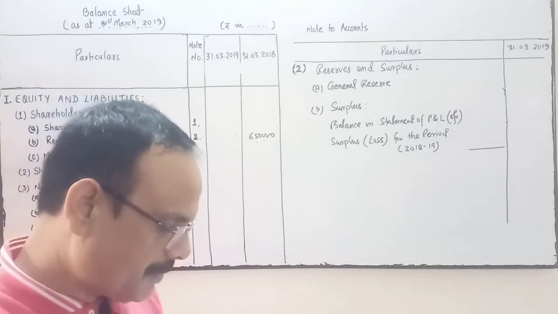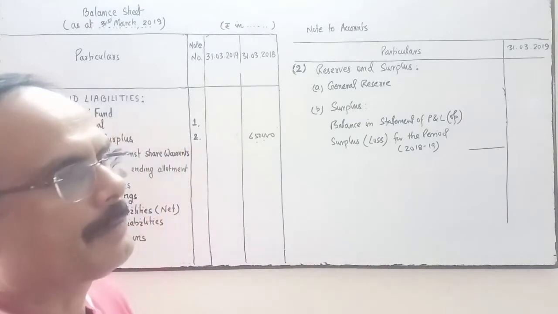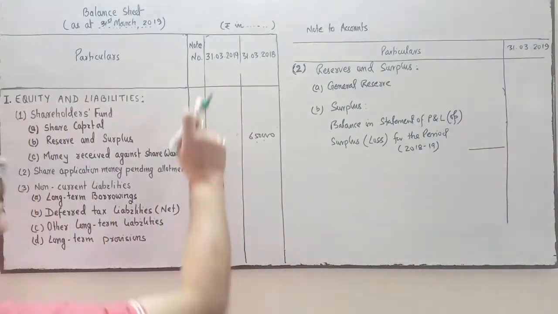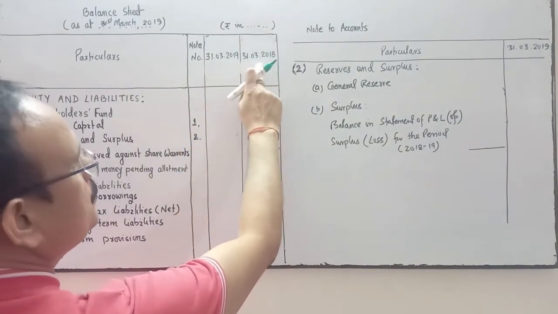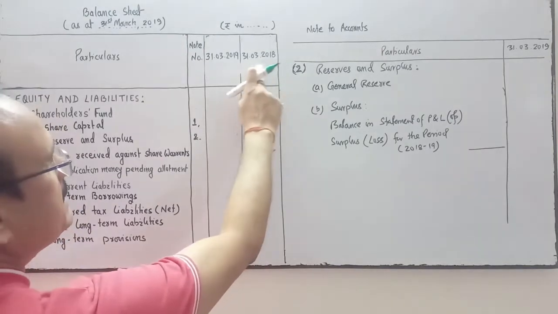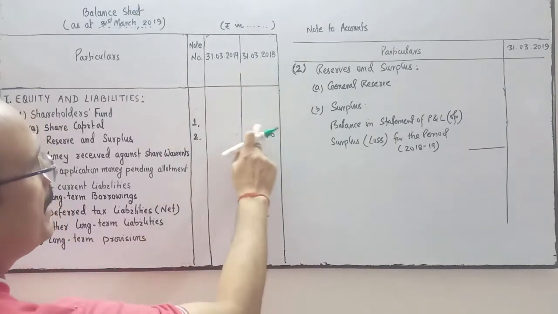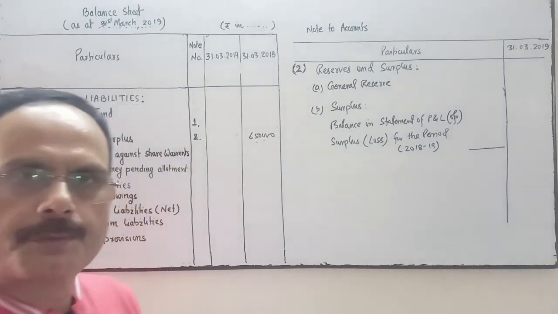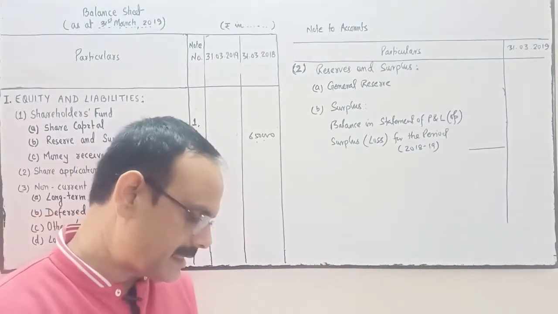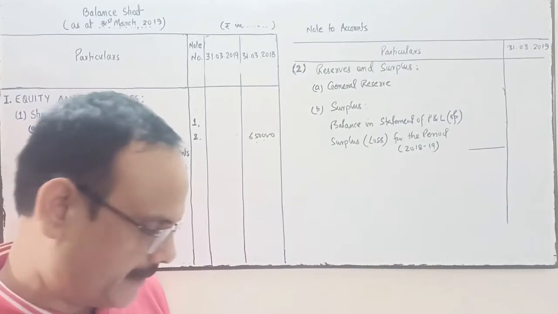Our financial year is 2018-19, ending 31st March 2019, and the previous year is 31st March 2018. So on this date, the opening balance is 6,50,000, including general reserve 4,50,000 and statement of profit and loss 2 lakhs.